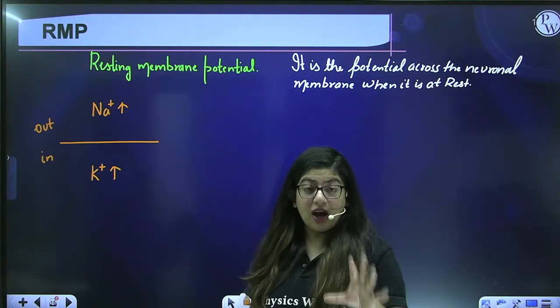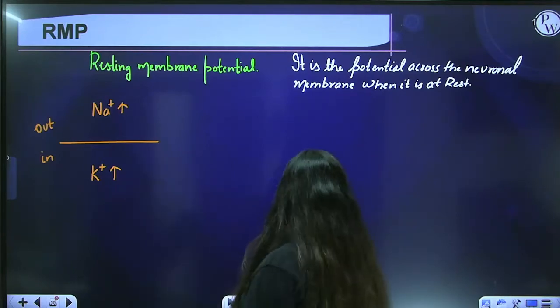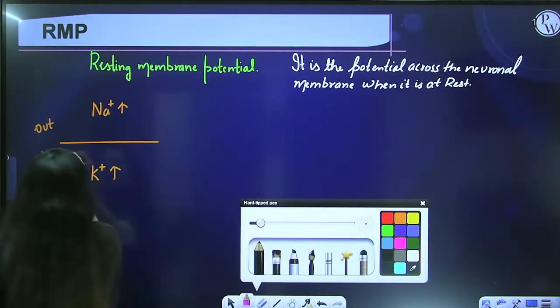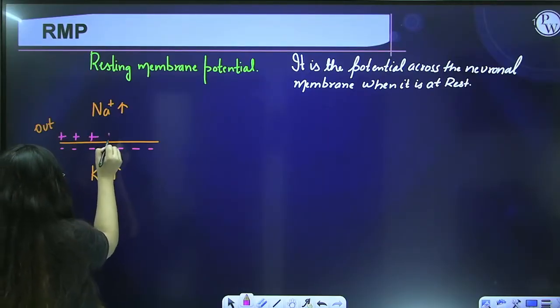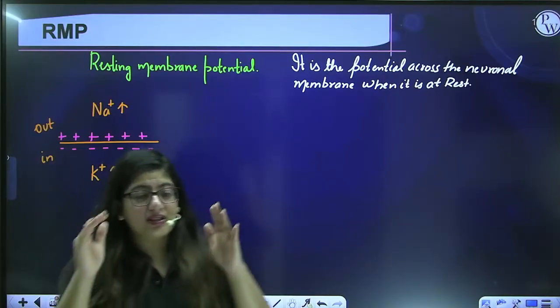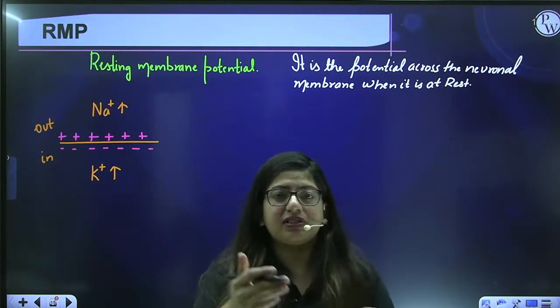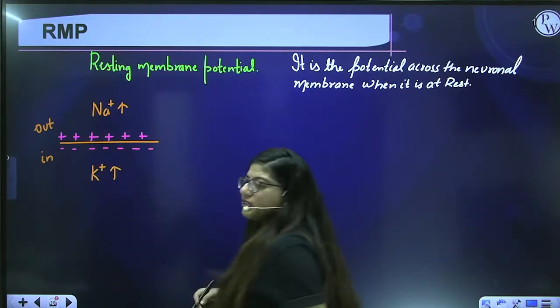Okay. Now, what happens during the resting state? Our entire membrane is negative inside and positive outside. During the resting state, our cell membrane has a certain charge difference. Inside is more negative and outside is more positive.